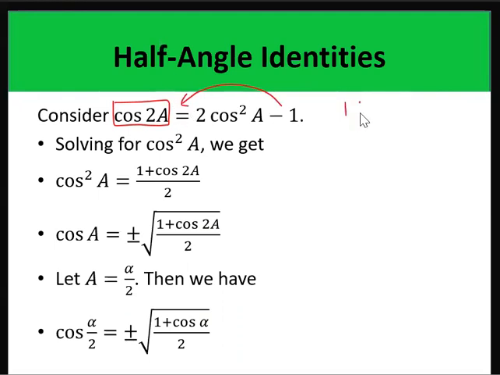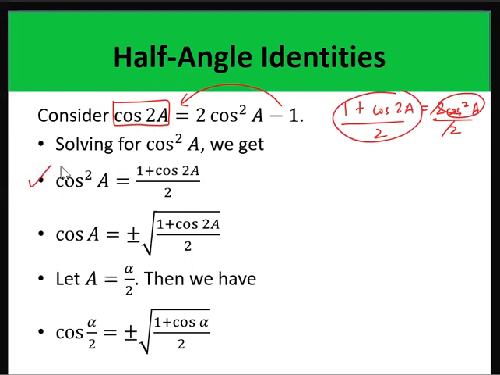So we get 1 plus cosine of 2 times A, which is equal to 2 cosine square A. If we divide this by 2, then we get cosine square A is equal to 1 plus cosine of 2 times A over 2, which is this expression. And then, solving for cosine of A, we apply the square root property. So cosine of A is equal to positive negative square root of 1 plus cosine of 2A over 2.